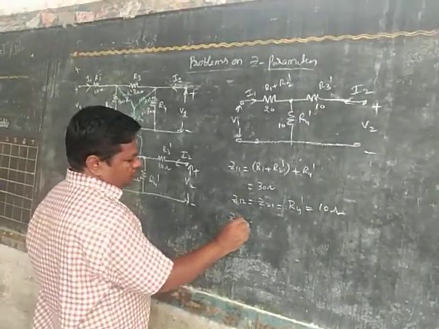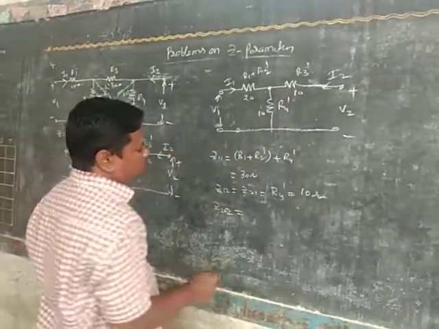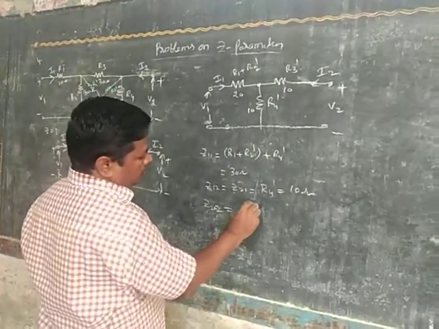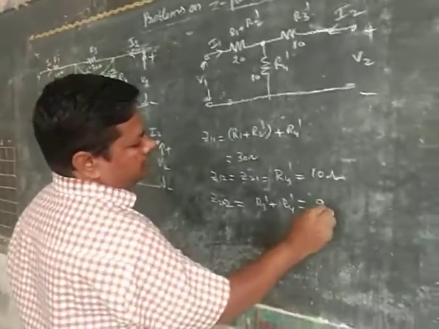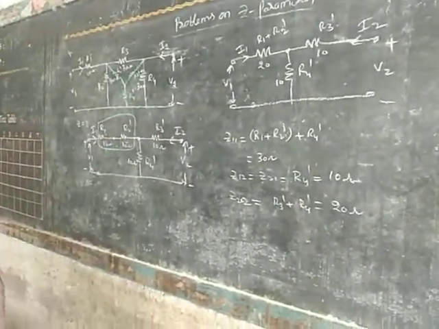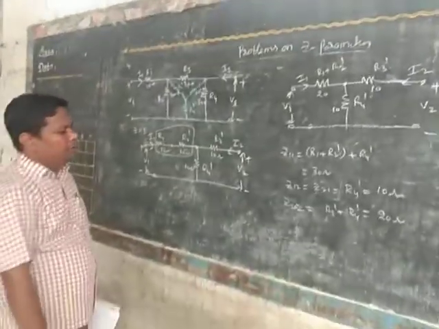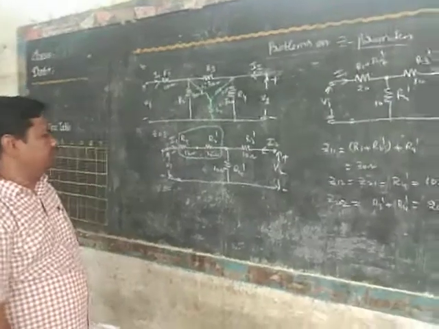Then Z22 is equal to the sum of these two, R3 dash, R4 dash, 10 plus 10, 20 ohms. Like that you can calculate directly by using the standard T network, right?